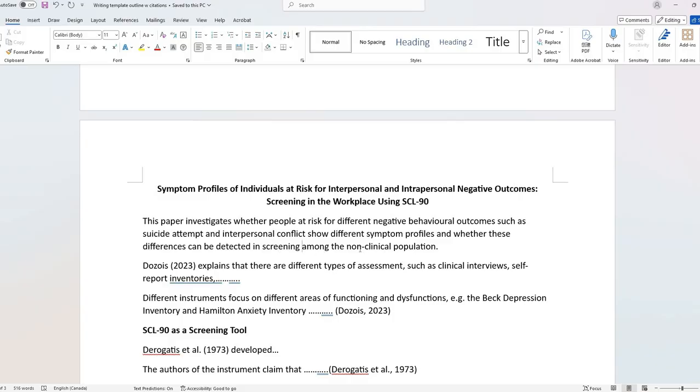And I'm talking about a non-clinical population. These people are not in the clinic. These people are not in health promotion settings or treatment settings. They're in the workplace, or maybe in school. Many people who struggle with psychological difficulties, they go to work.